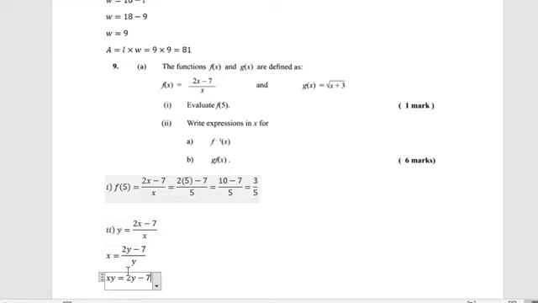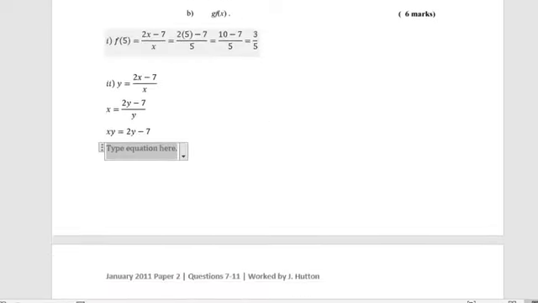The y was dividing here, so when it comes up it will be multiplying. So we're multiplying both sides by y, giving xy is equal to 2y minus 7. Now we take our 2y from the right-hand side to the left-hand side. It was a positive 2y there, so when it comes across it becomes negative. So we have xy minus 2y is equal to minus 7.